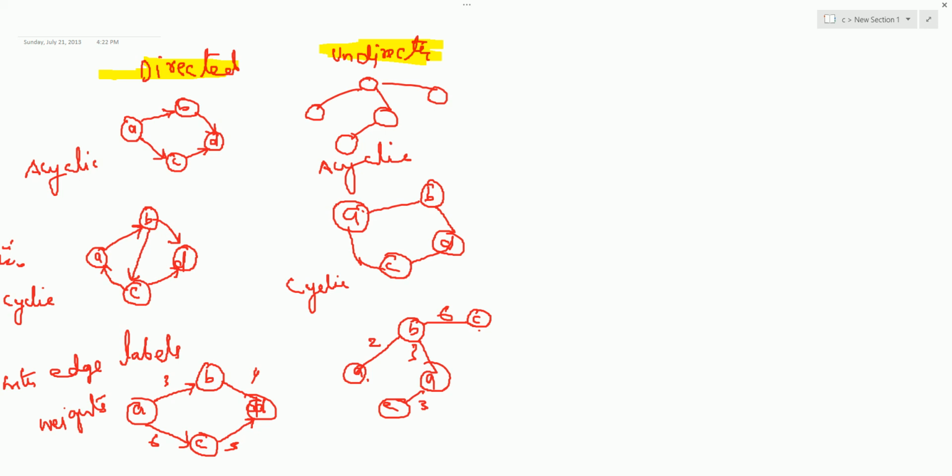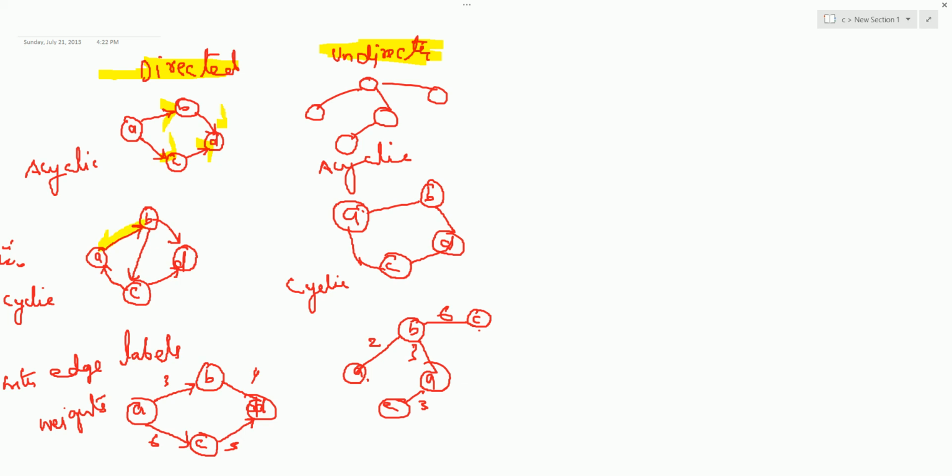They don't have a cycle. If you want to go from A to B, B to D, you cannot come back to A. If you could come back to A, then it's cyclic. This undirected one is again acyclic. If an undirected graph is acyclic, it is a tree. And in the cyclic one we have a cycle.